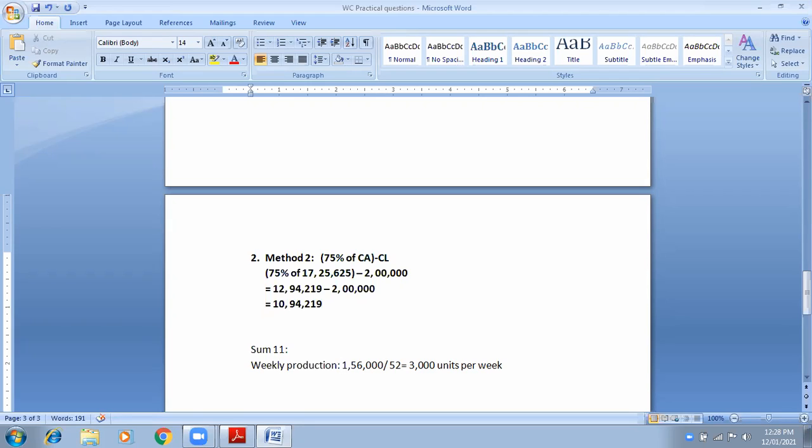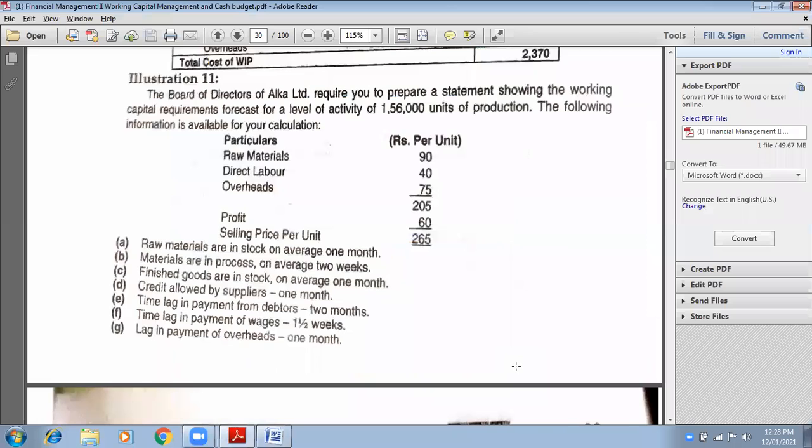Now this 3,000 will be taken every time, not 1,56,000 units. Is that clear, everybody? Yes, ma'am. Now we are going according to weeks.